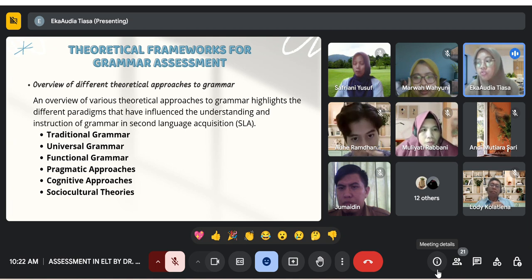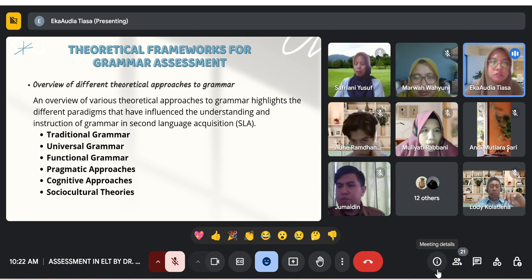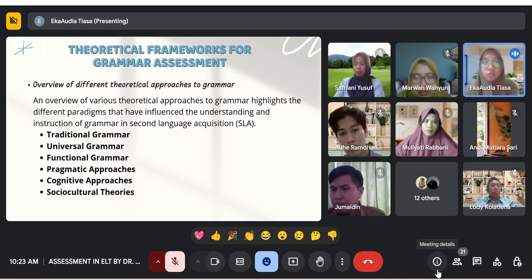This refers to the communicative role of grammar, emphasizing how grammatical structures serve specific functions in language use. The next is pragmatic approaches. This refers to the importance of context in language use, focusing on meaning and speaker intent. The next is the cognitive approaches.